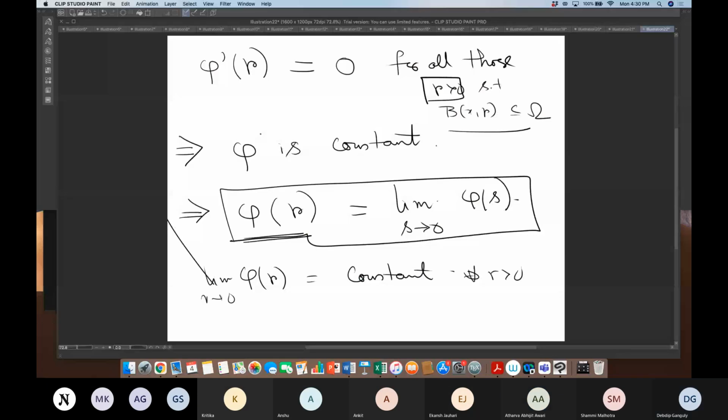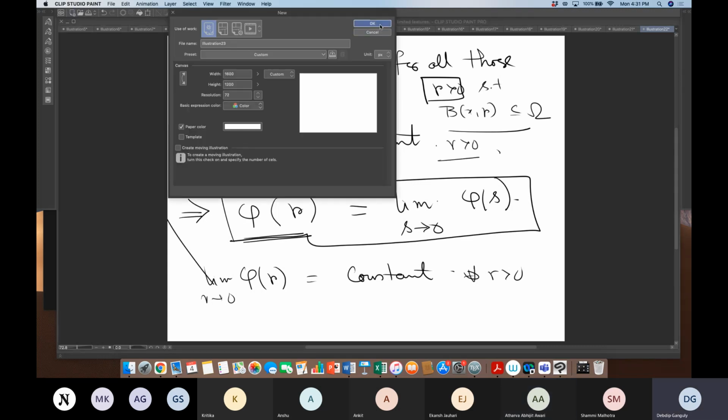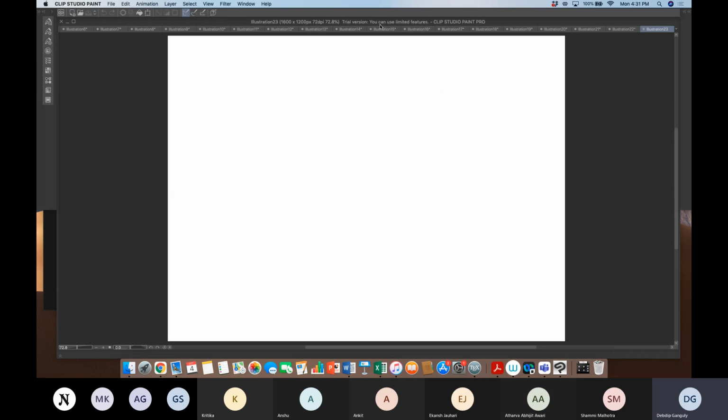Okay. So phi is constant, so I can write phi r, for some fixed r, is equal to the limit s tending to 0 of phi s. Am I right? I can do this, right? Yes. Okay. Now let us check what is phi s. We are almost there. What is phi s?